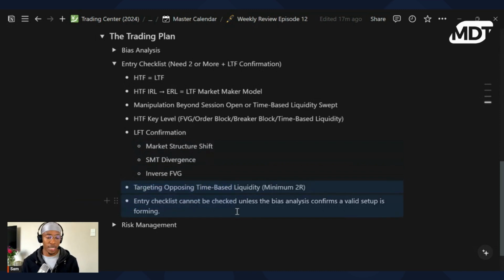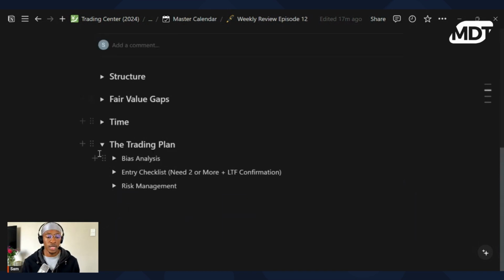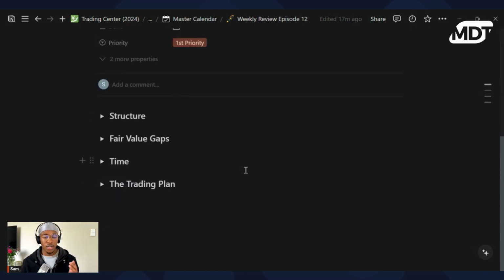And then this speaks to my risk management and trade management, which is how I target positions. And I can't check this unless my bias analysis confirms a valid setup. So those are the 3 concepts that I think were the biggest takeaways for me this week.